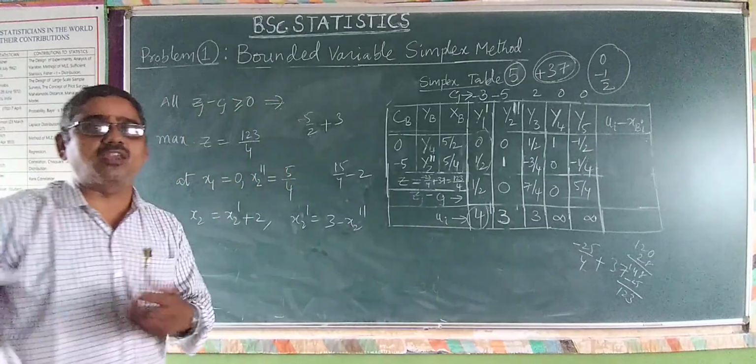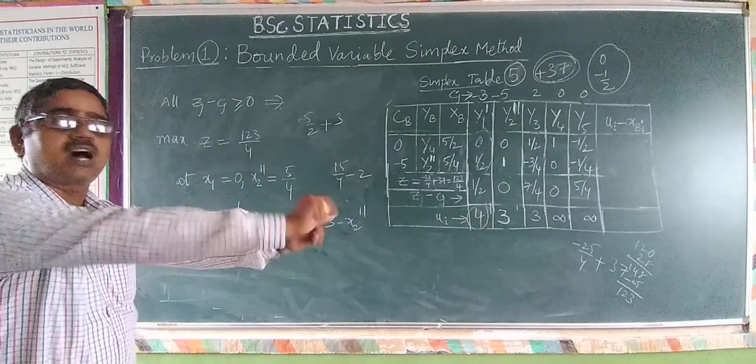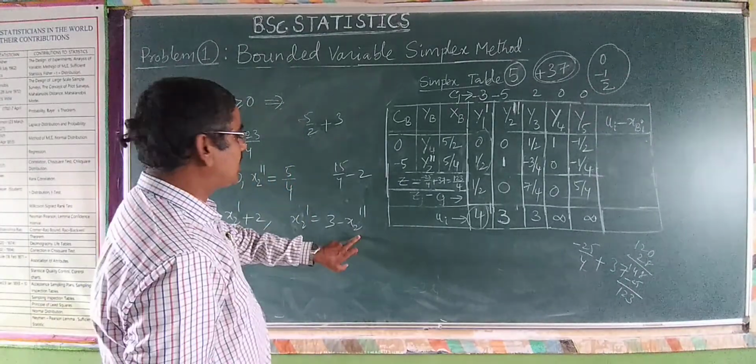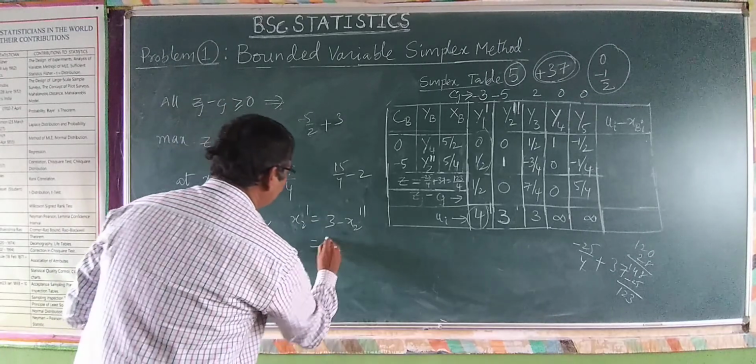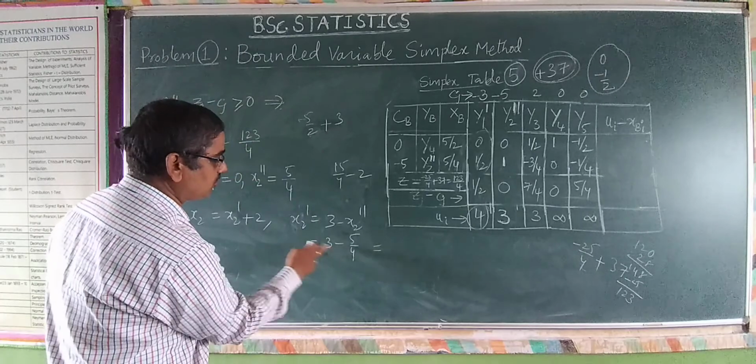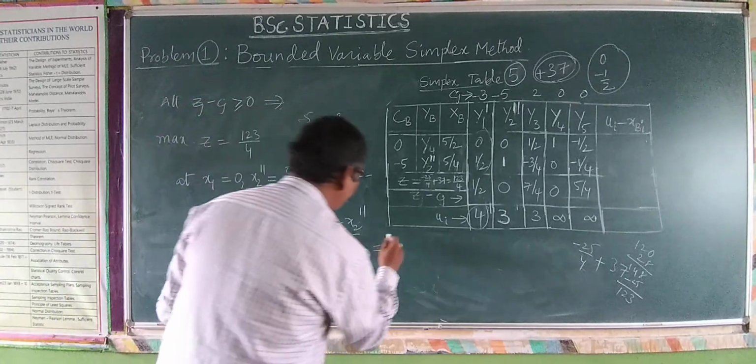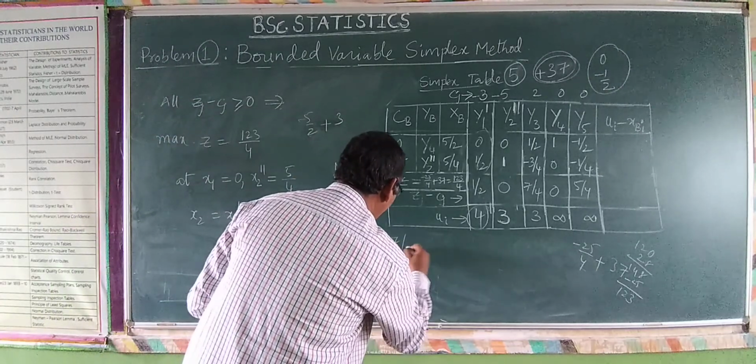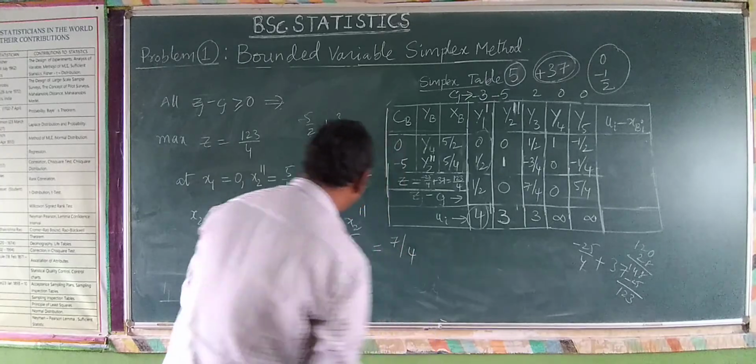From this we calculate the value. x2 dash is equal to 3 minus 5 by 4, which is 4 threes are 12, 12 minus 5, 7 by 4. This is what x2 dash is.